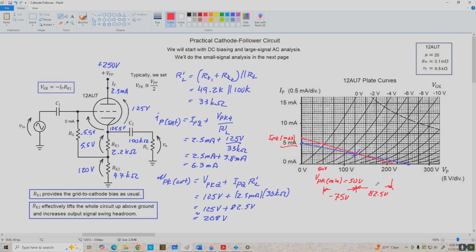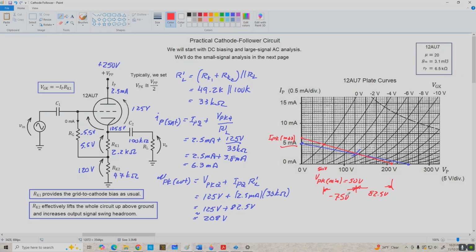All right, so there is our output voltage compliance. We can get a pretty large output signal swing from this, and that's why we use this modified biasing arrangement instead of the original cathode biasing circuit that we looked at on the first page of this presentation.